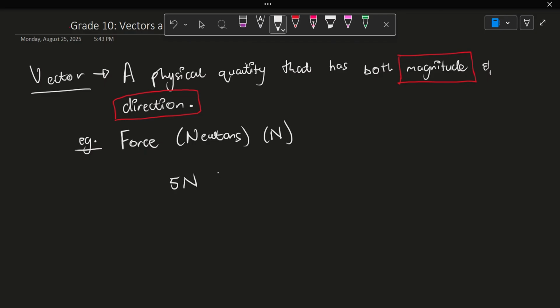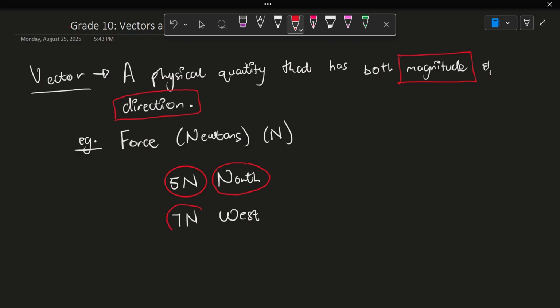So force would have something like 5 newtons north, or 7 newtons west. So how do you actually look at this? This would be your magnitude, and this would then be your direction.